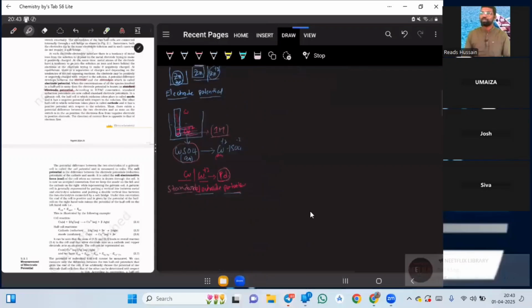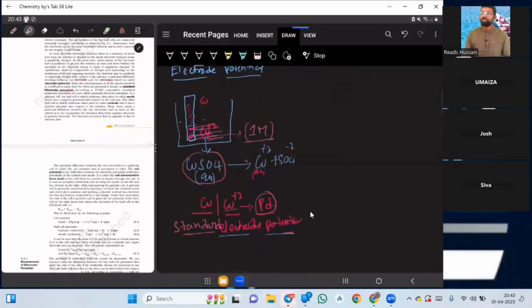So I hope you understood, dear students. If the concentration is other than 1 molar, then it is not said to be the standard electrode potential. It is just electrode potential. That's it. When we say standard electrode potential, we take a solution of 1 molar: zinc sulfate solution 1 molar, copper sulfate solution 1 molar. You can take any other element.